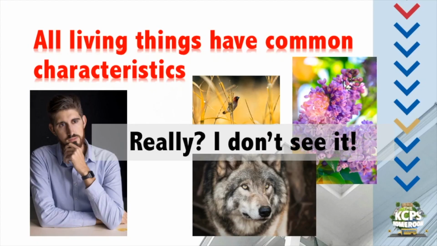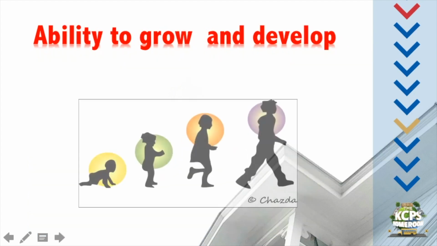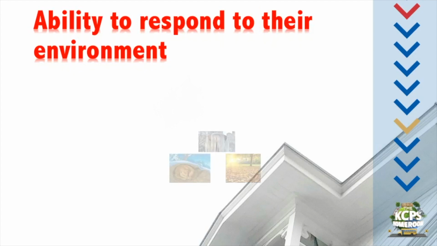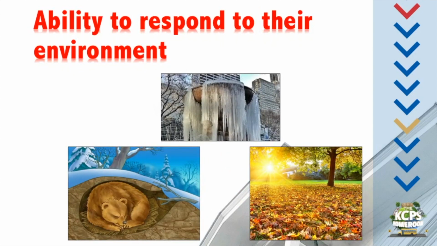All living things have common characteristics. If you look at all these examples, you might ask, really? I don't see any common characteristics between humans, animals, and plants. But they have the ability to grow and develop. They all have the ability to respond to their environment.